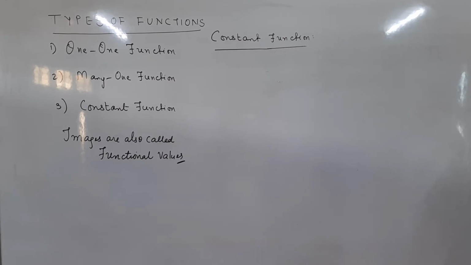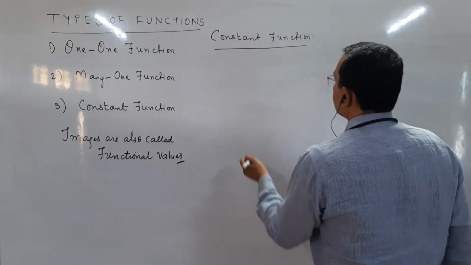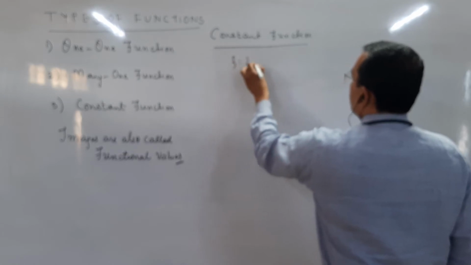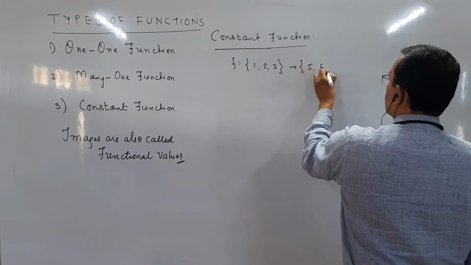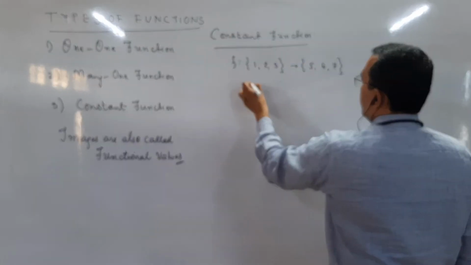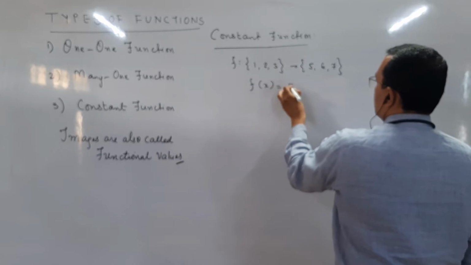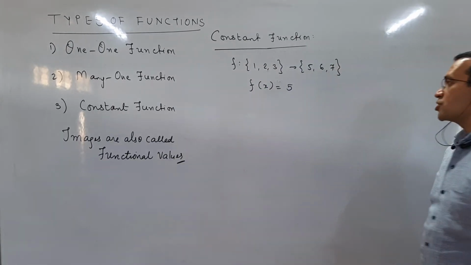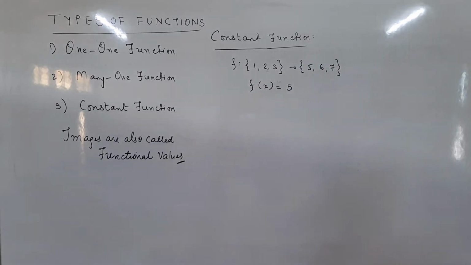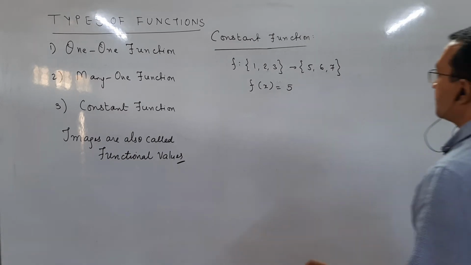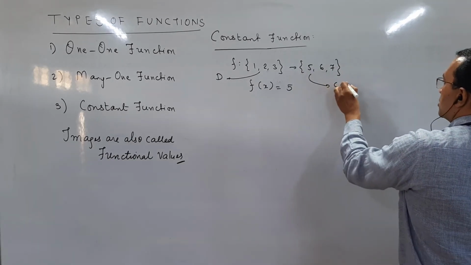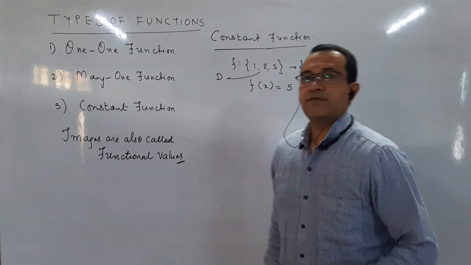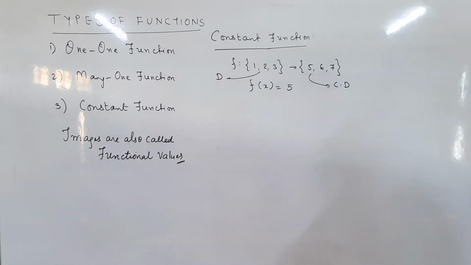Now see students, concentrate. Say f is a function defined from {1, 2, 3} to {5, 6, 7}. Suppose f of x is equal to 5. Functional rule is f of x is equal to 5. So your domain is set {1, 2, 3} and students your codomain is set {5, 6, 7}.